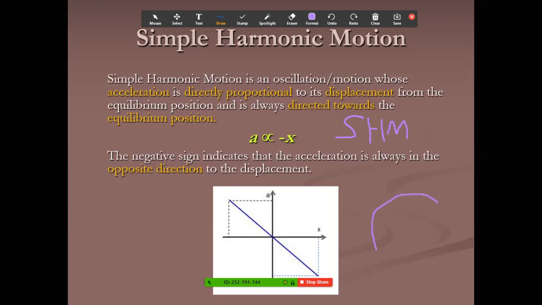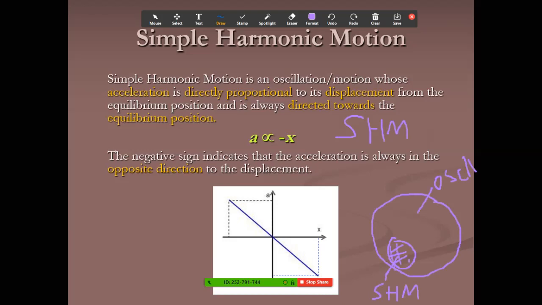Let's say oscillation is like Malaysia, and SHM is like your Selangor. SHM is a subset of oscillation, a small part of oscillation, a unique type of oscillation.